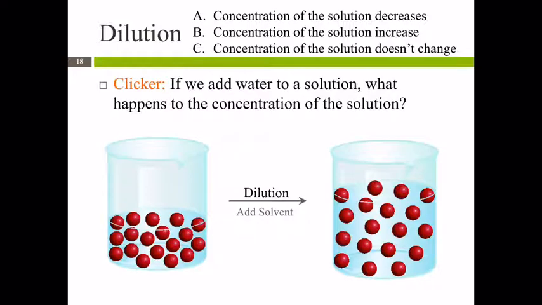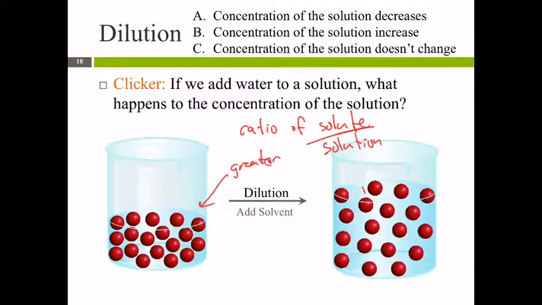The second question is, if we added water to the solution, what happens to the concentration? And remember, concentration is always the ratio of solute to solution. In this case here, we have a much greater ratio because we have the same amount of solute.